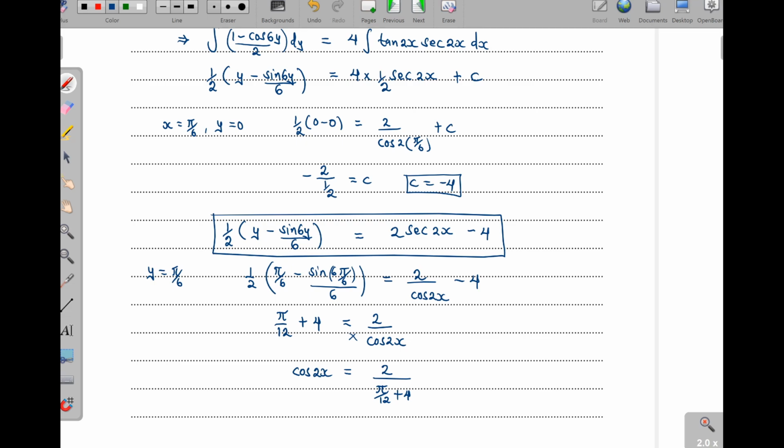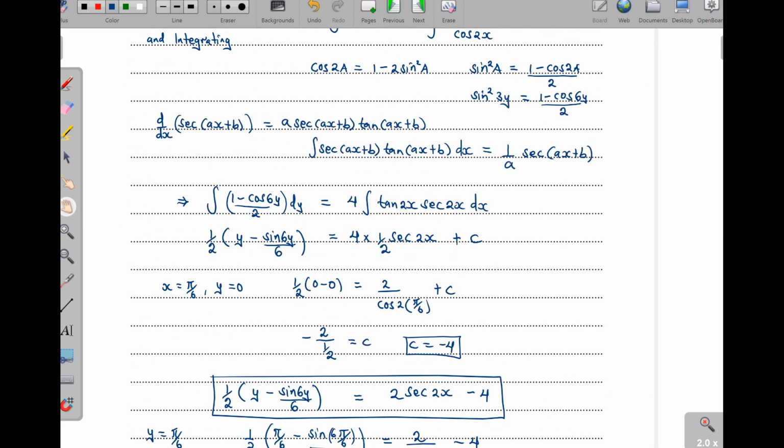And then we shall have 2x, which is equal to the arc cos of everything here, which is 2 out of pi over 12, then plus the 4. And then we divide through by 2. That means our x here is going to be a half of the arc cos of 2 out of pi out of 12, then plus the 4.